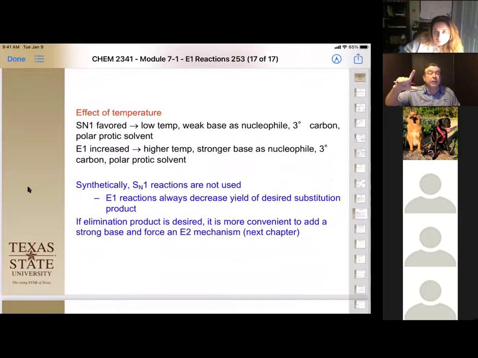The elimination barrier is higher than the Sn1 barrier, and therefore we have very few molecules that have enough energy to go over that second energy barrier. So the first lower energy barrier is favored, okay? So at lower temperatures, the Sn1 is favored. If we raise the temperature or use a stronger base, we can favor the E1 reaction, okay?